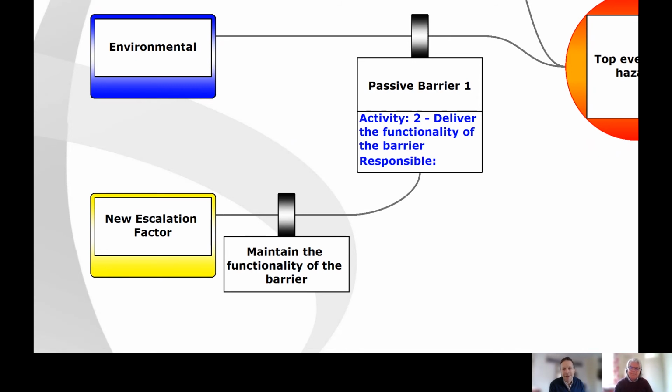I was about to say exactly that. People will look at this and think, oh, it's another thing that we have to do. Well, the reality is you already understand the barriers that you have in place. You've probably got them documented. They're just in folders. You've got 2 inches of paperwork to get through. This is a way of giving you a lens into your management systems, the processes, the steps that you do.